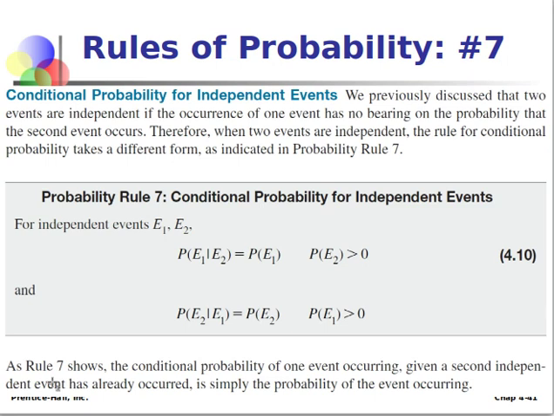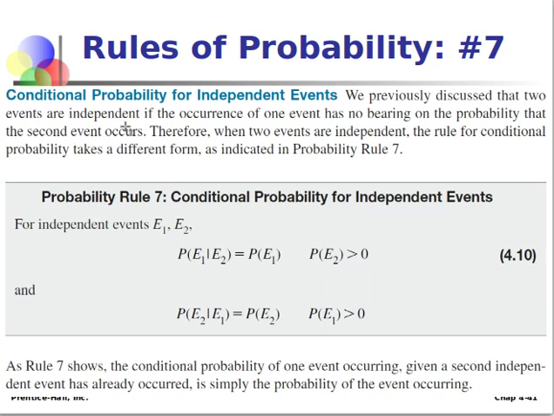Now let's go ahead with rule of probability number 7. This is conditional probability for independent events. We previously discussed that two events are independent if the occurrence of one event has no bearing on the probability that the second event occurs.